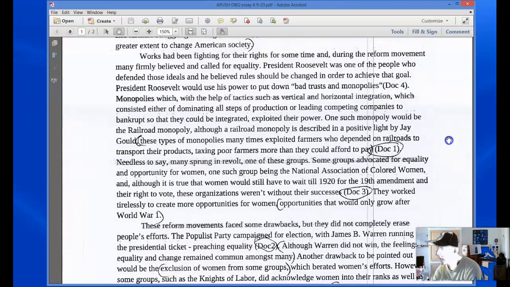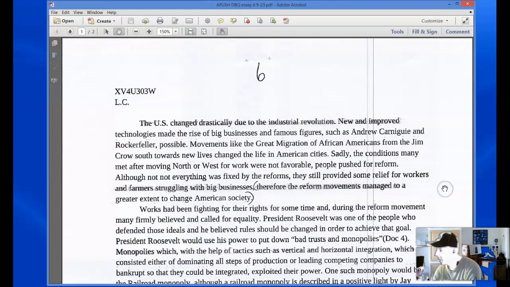So I see they got that contextualization. Did they talk about anything prior to that period in history? Did they talk about anything else? What do we got? Drastically changed. We got the Industrial Revolution. We got a great migration of African Americans, Jim Crow, and so on. Sadly, the conditions were not good. People were pushing.